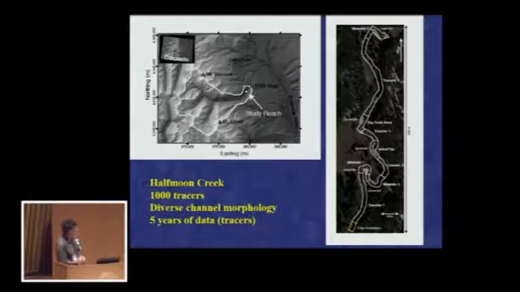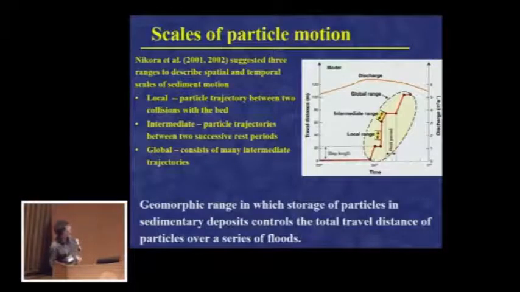So it's a complex channel morphology. This stream experiences one flood, a snowmelt-fed system. I will be using 5 years of data, but we are going also to look into more data in the coming few years.